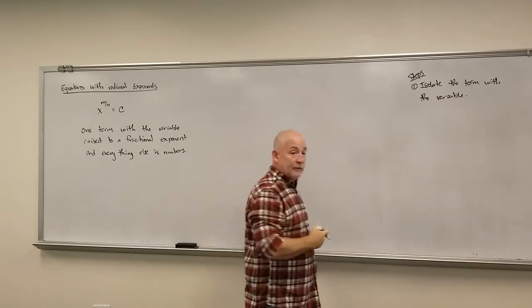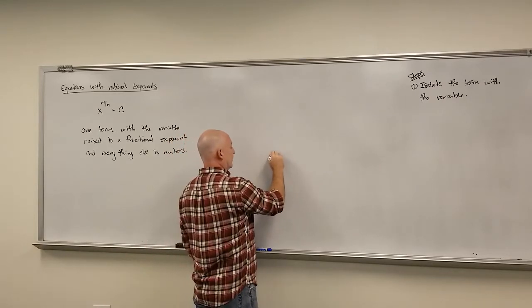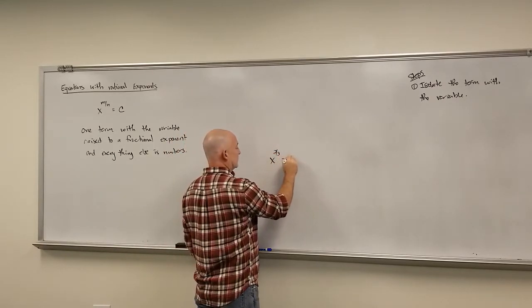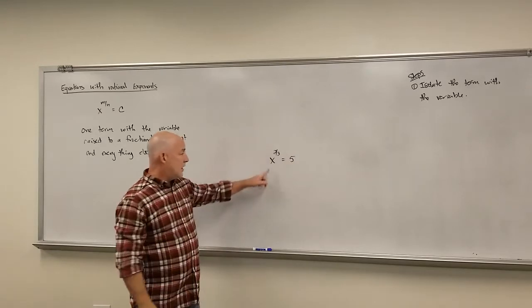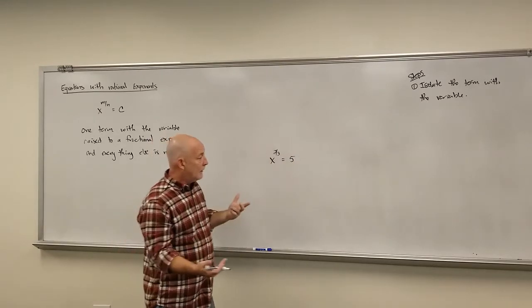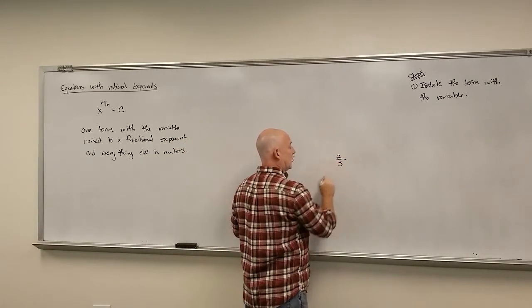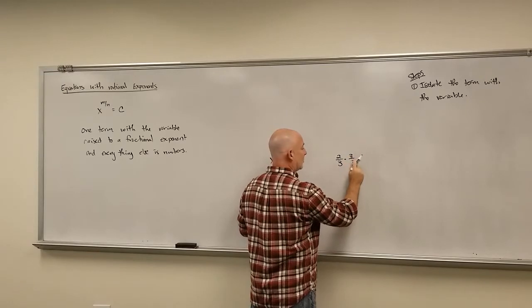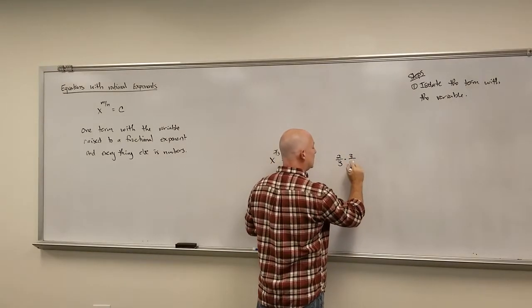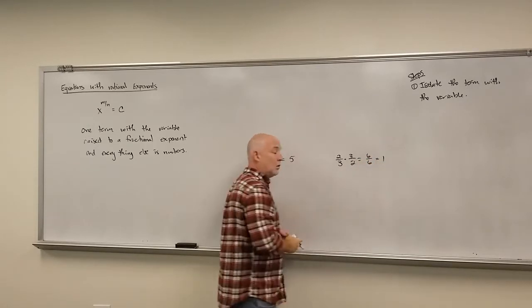All right. Now, the whole concept behind there is, let's say, just a very, very quick example. Let's say we have x to the 2/3 equals 5. And I'm trying to get x alone, so I need to get rid of this exponent. Well, I know that if I take any number, let's say our 2/3 there, and I multiply it by the reciprocal, any number times its reciprocal will always be 1.